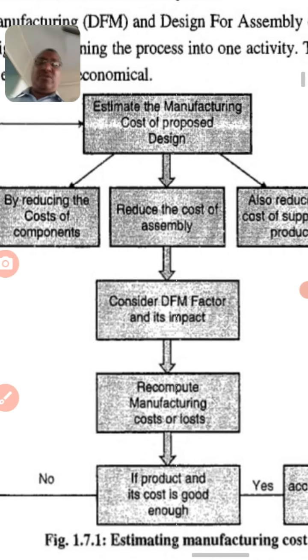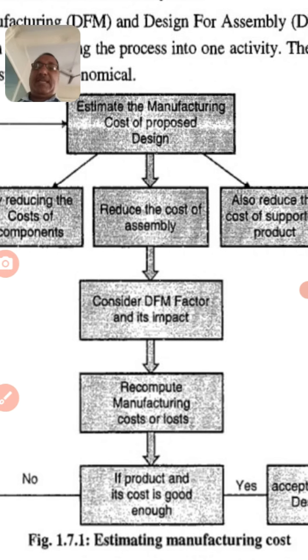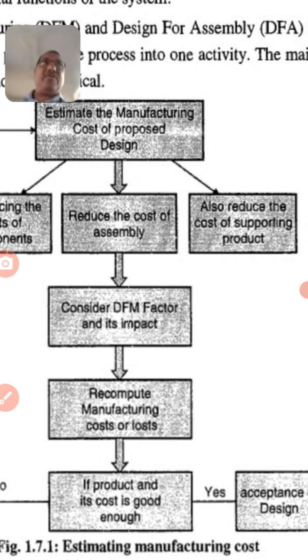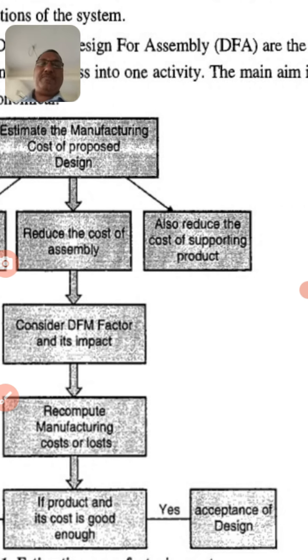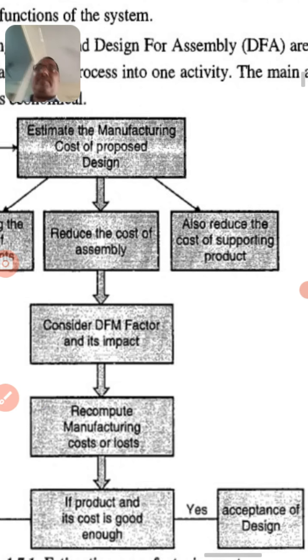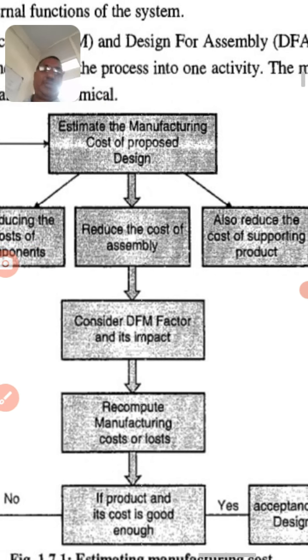Secondly, reduce the cost of assembly. Ultimately, if the number of components is less, the assembly cost will reduce. Thirdly, we have to try to reduce the cost of supporting products also. Supporting products means, along with the handset, there should be packing and other supporting products, and their cost should be reduced.